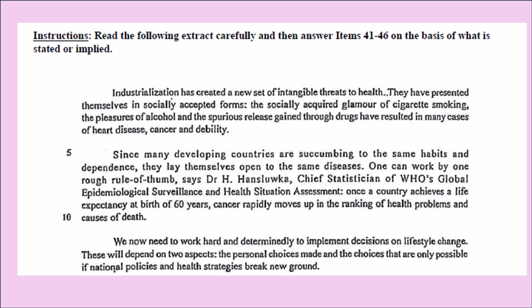We now need to work hard and determinedly to implement decisions on lifestyle change. These will depend on two aspects: the personal choices made and the choices that are only possible if national policies and health strategies break new ground.